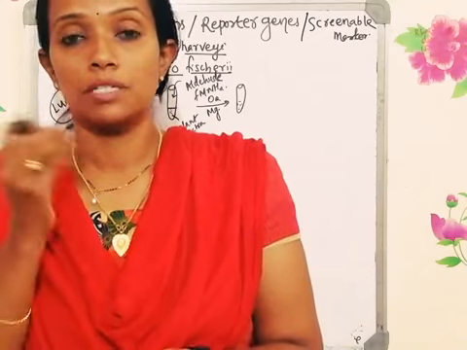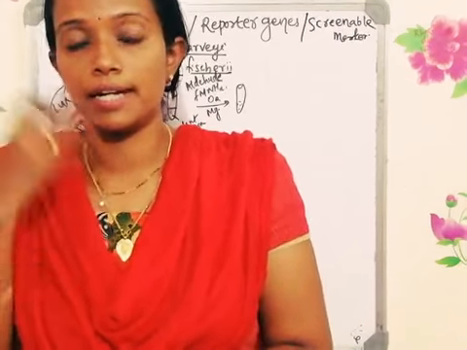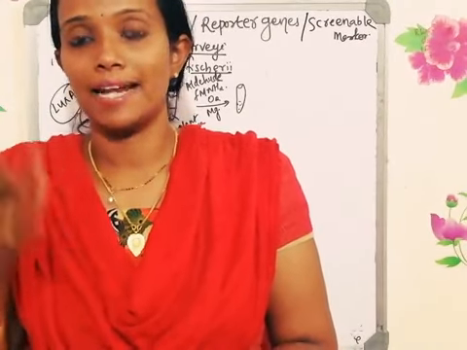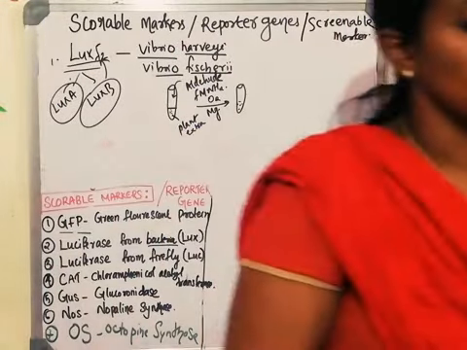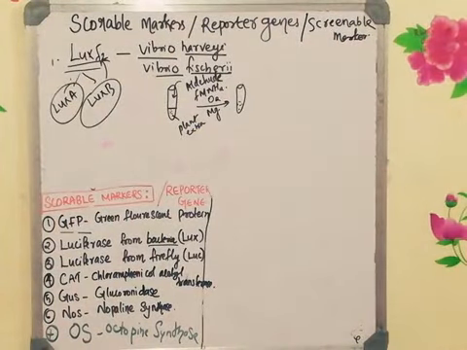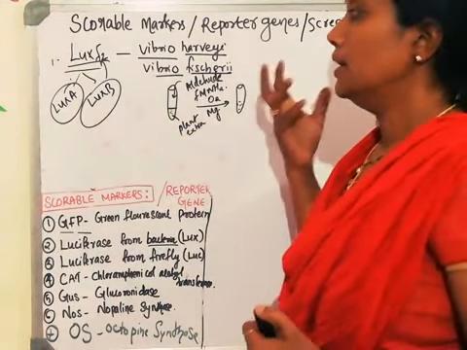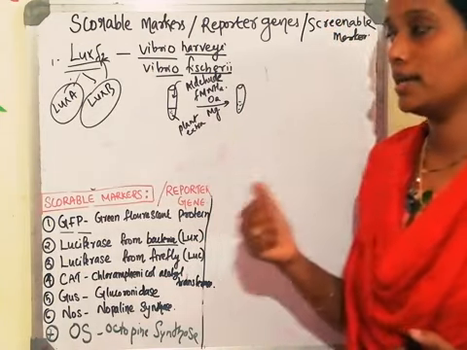The luminescence coming out from that particular extract will be measured by the luminometer. The amount of luminescence is directly proportional to the gene expression level. So this is how we have to estimate LUXF2. If you are using LUXF2 as the scorable marker, you can analyze the level of gene expression by doing a simple enzyme extract.